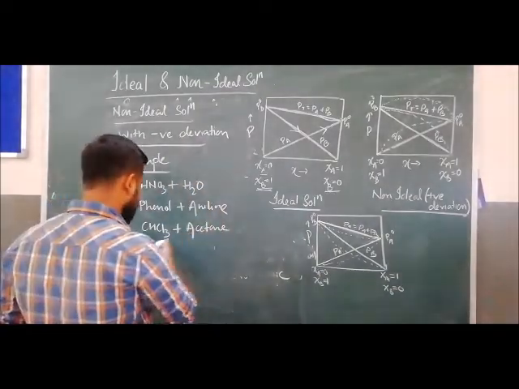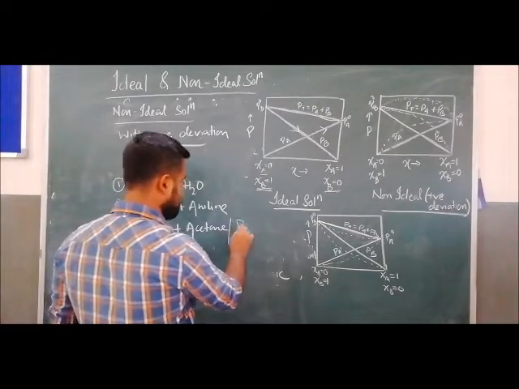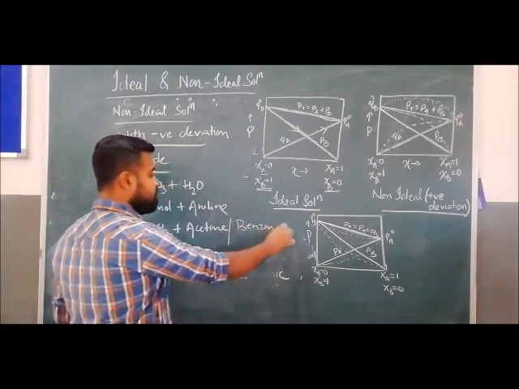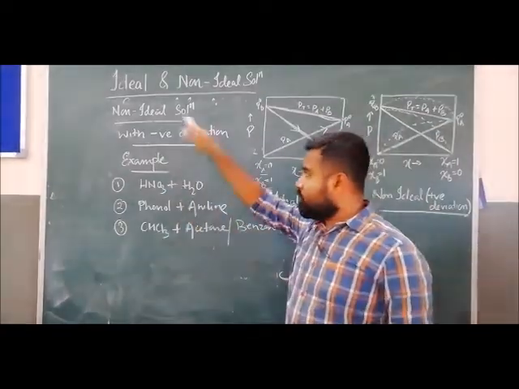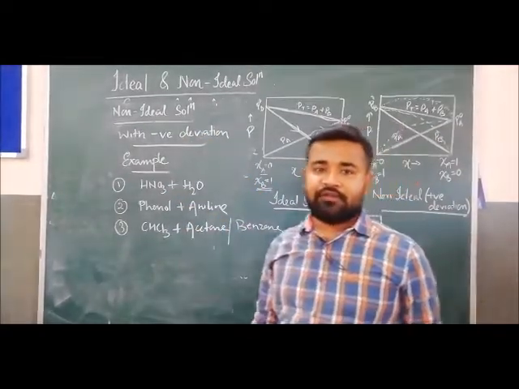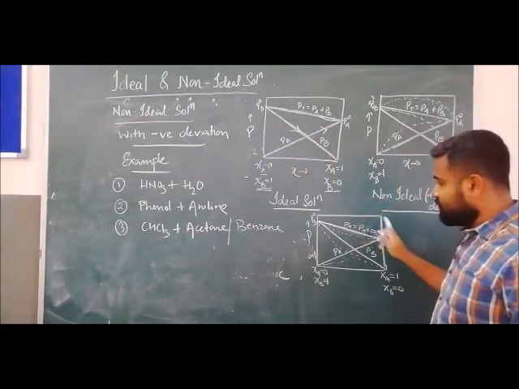Chloroform with acetone is also possible, acetone or benzene. So these are some examples of non-ideal solution with negative deviation.